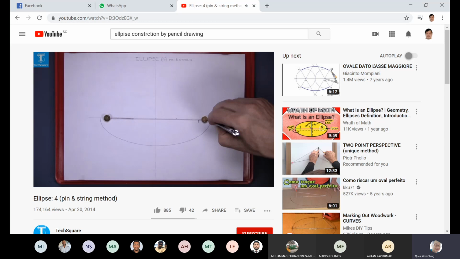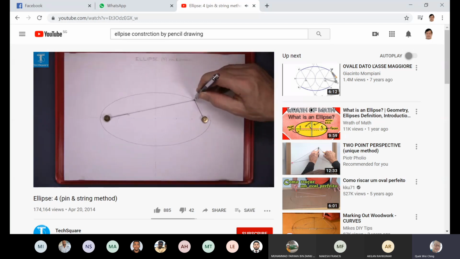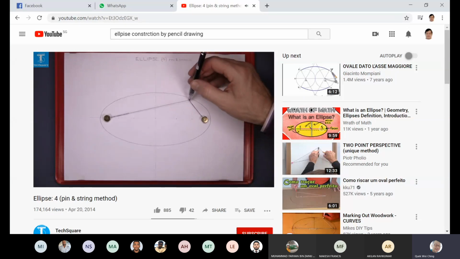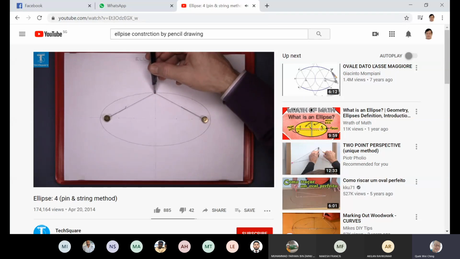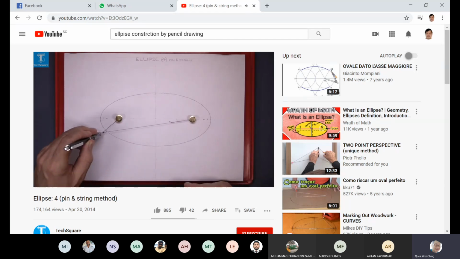All the time the length of the string is always the same. Now they can move the points closer together, and you can draw a different ellipse.